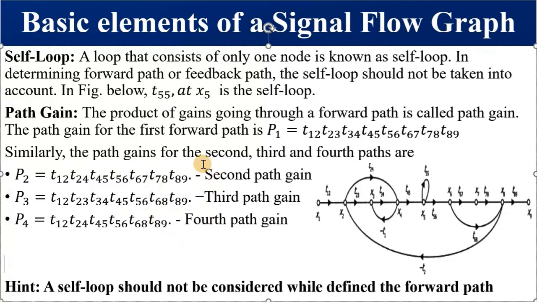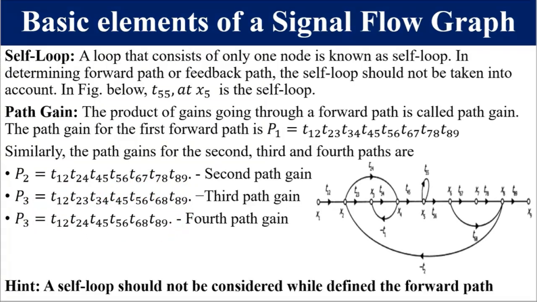There's no duplication there, and you must not duplicate. This is how you find path gain. You simply multiply the gains along each forward path and you are done. Please take note that a self loop should not be considered while defining the forward paths, so we leave out T55. You cannot include the gain of T55.